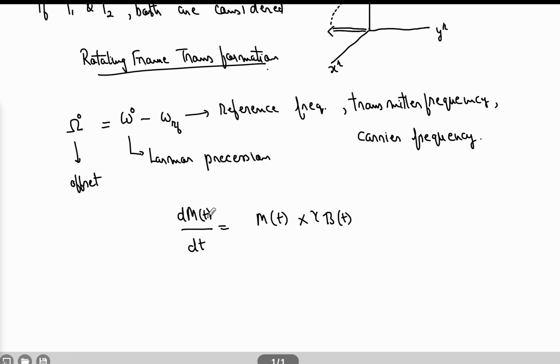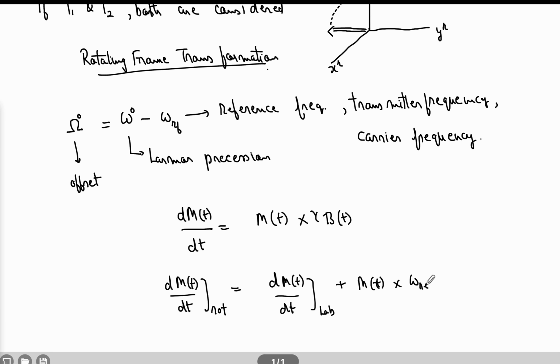Let's now see how this is affected. So once we move to rotating frame, the equation of motion changes to dM by dt in rotating frame is equal to dM by dt in lab frame plus the component which is M cross omega RF.